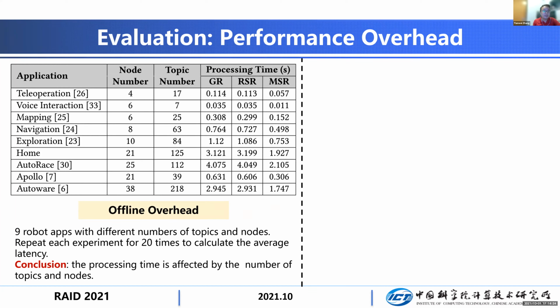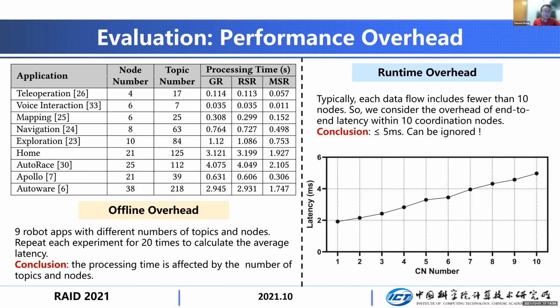Even for complex applications like home-based, auto-race, Apollo and AutoWare, the entire offline process can be done within 5 seconds. The processing time is determined by the number of topics and nodes in the application, but generally this time is pretty short and the process can be done in a quick manner.